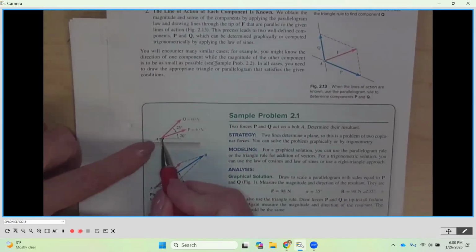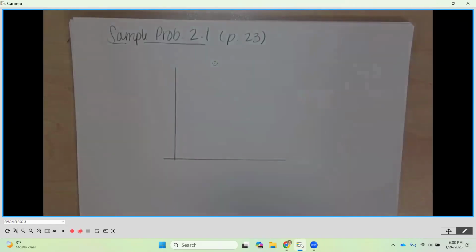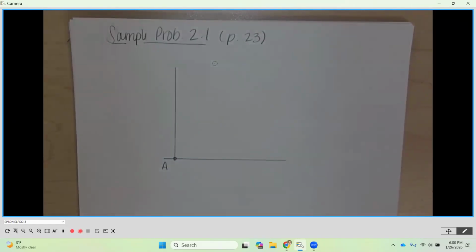In our case, we've got point A here. I'm really just drawing a vertical and a horizontal axis, traditional X and Y, and then we're going to show Q and P relative to that. This is going to be our origin, but in the problem, it's called point A. Now, I always use a straight edge or protractor. I don't always measure my angles.